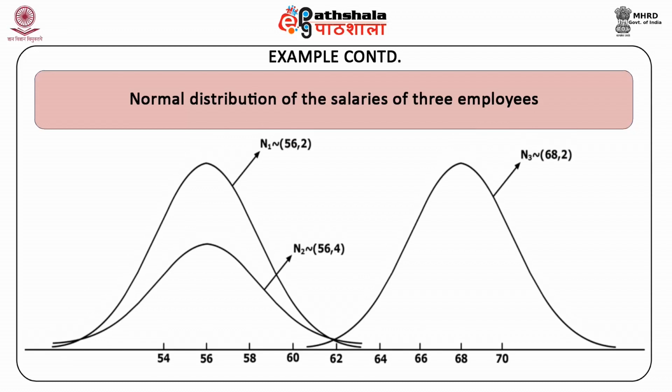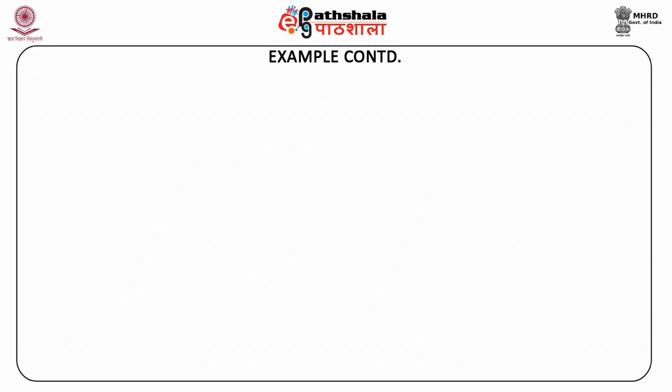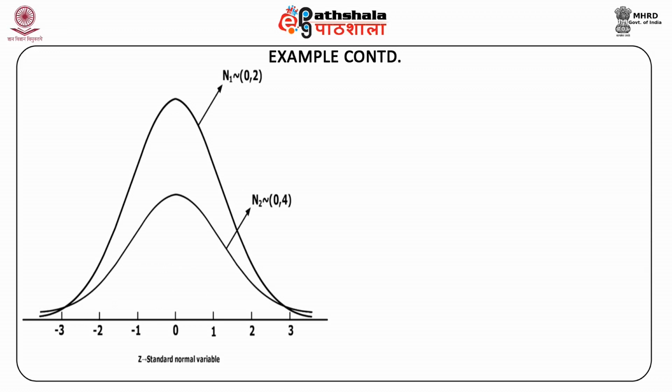Now, to find the probability for a particular interval, we would require a probability table for every particular combination of parameters. But after converting these three different normal distributions into a standard normal distribution form, we get figure 7.8, where N1 equivalent to 56, 2 and N3 equivalent to 68, 2 overlap each other since sigma is same, and N2 equivalent to 56, 4 having greater sigma is more flatter and can be plotted on the same x-axis.